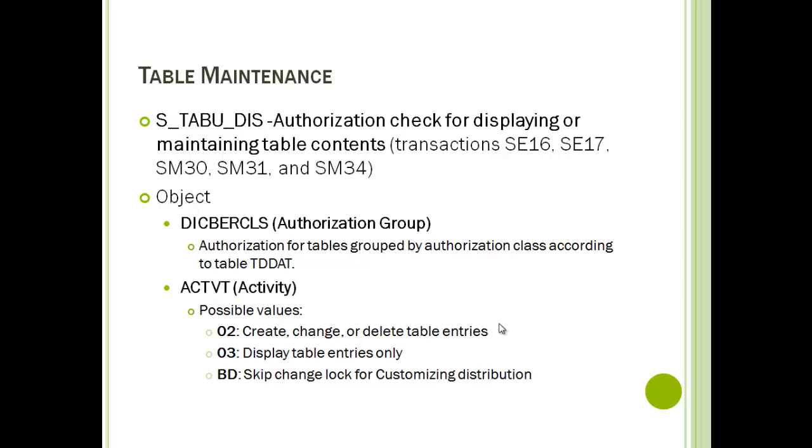How do we update the table content? Generally we use the transaction code SM30, or we can use SE16 for table browsing, or we also have SE17, SM31 and SM34 related to table maintenance. These are all the transaction codes we can use along with the authorization object S_TABU_DIS.